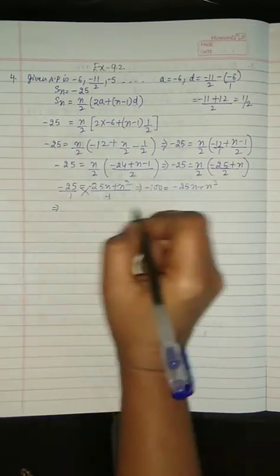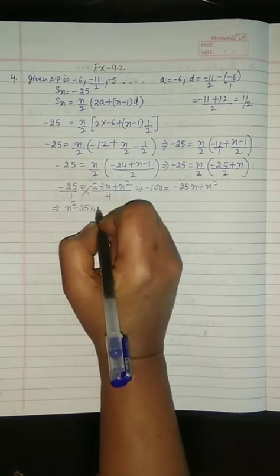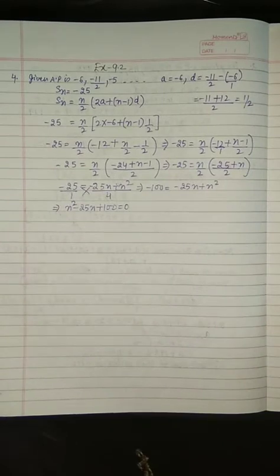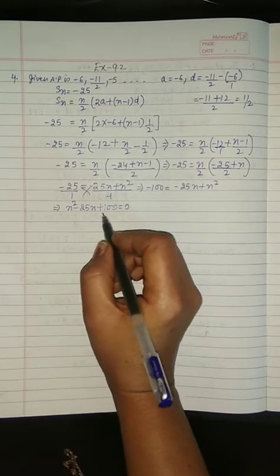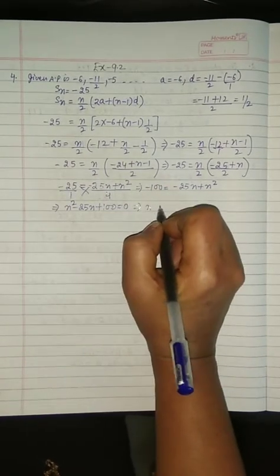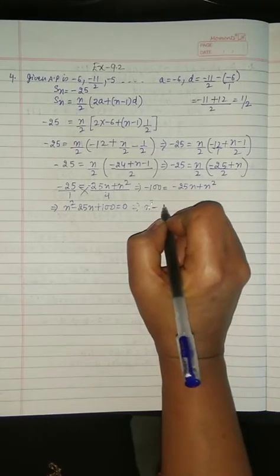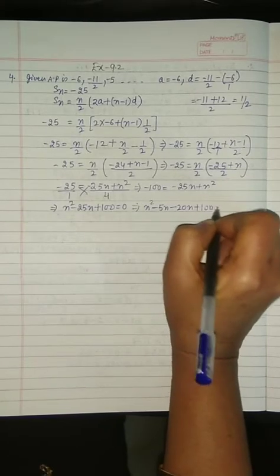So it will become a quadratic: n square minus 25n plus 100 is equal to 0. Now we will find the value of n by splitting the middle term. So n square minus 25n plus 100 becomes n square minus 5n minus 20n plus 100 is equal to 0.